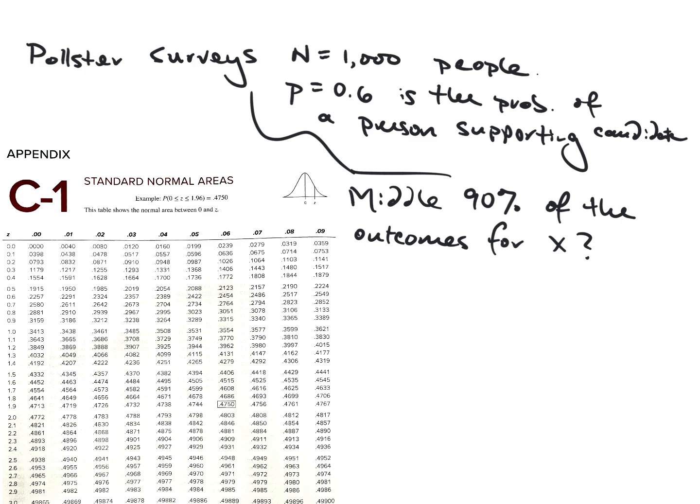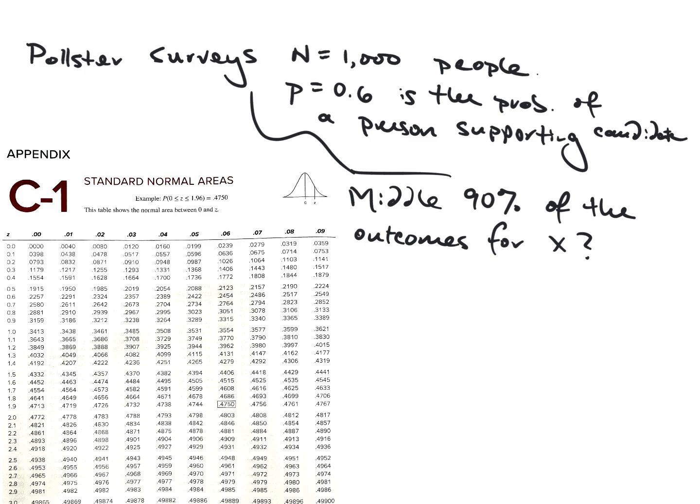That's the expected value, by the way. The expected value is calculated as the probability times the number of observations. So 60% chance of each person favoring the candidate times 1,000 people surveyed. You expect 600 people will say that they favor the candidate.